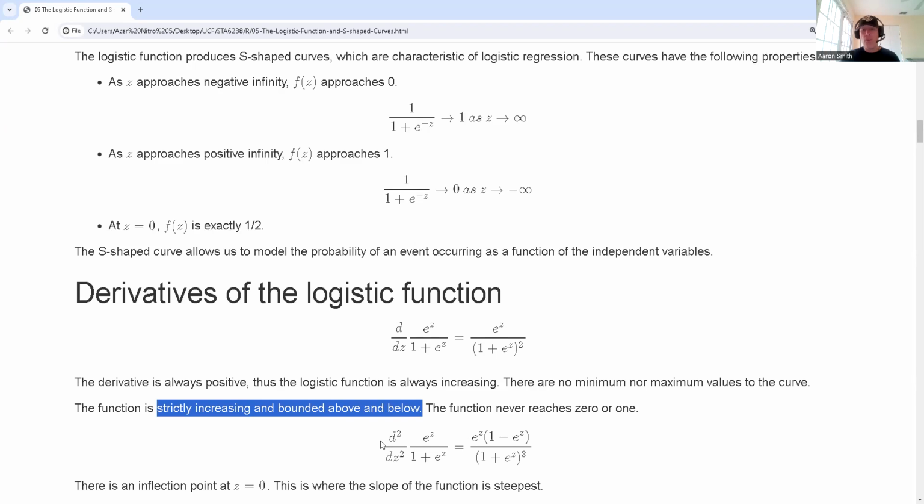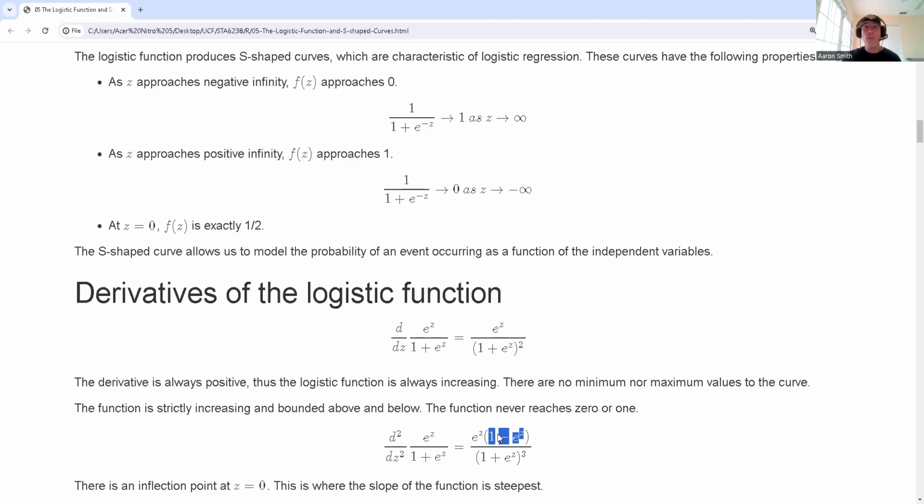If I take the second derivative, so I'm taking the derivative of the derivative, you'll notice that I can get 0 in the numerator if I plug in 0 for z. Then I have something that has to be positive, and this has to be positive, therefore the whole bottom has to be positive. So the thing that determines the sign is this part. Everything else is positive.